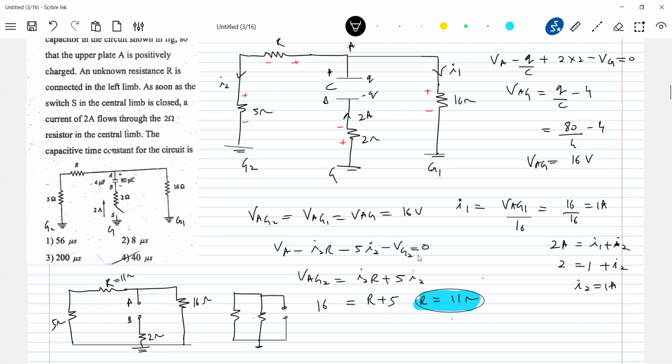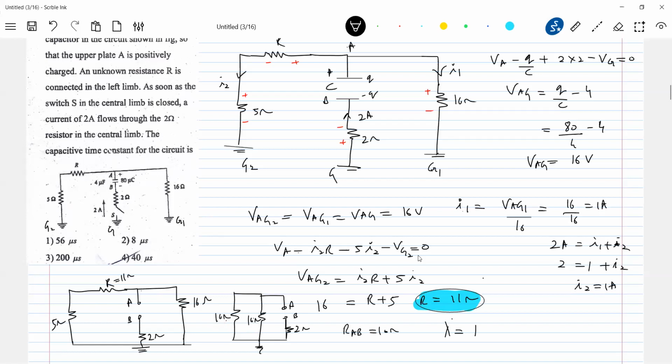Sir, what to do with that earthing? The earthing just means that they are connected to a common point. 16 ohm, 16 ohm parallel, 8 ohm. 8 ohm in series with 2 ohm, so it will be 10 ohm. So we got RAB as 10 ohm.